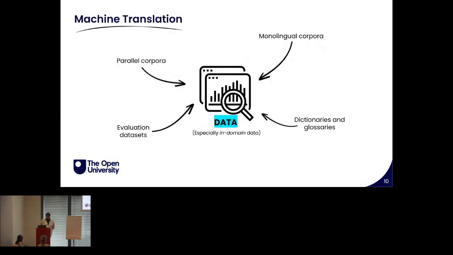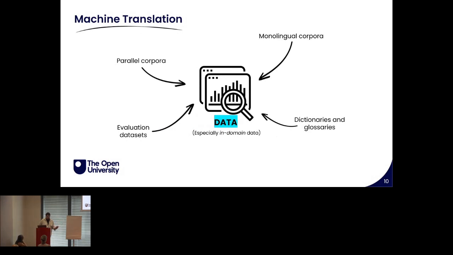I mentioned machine translation, and machine translation research and development is what we say very much data hungry. So it requires a lot of data. Data is at the core of the development of machine translation, and machine translation can really facilitate and accelerate knowledge exchange, especially when applied to scientific fields, especially in the life sciences. So it requires data in the forms of linguistic data, such as parallel corpora, monolingual corpora.